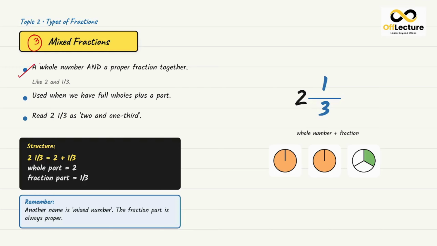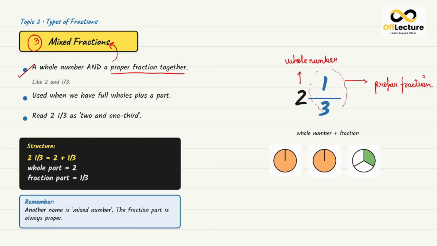So a whole number and a proper fraction together make a mixed fraction, like 2, which is a whole number, and this part is the proper fraction. So this makes it a mixed fraction.